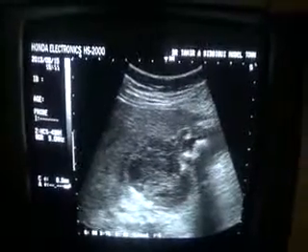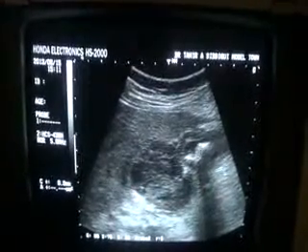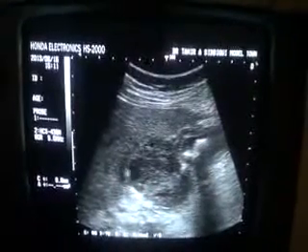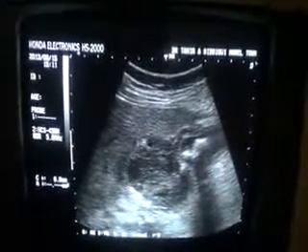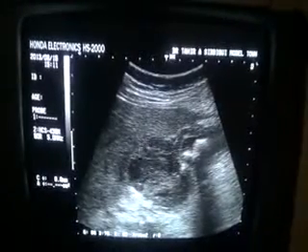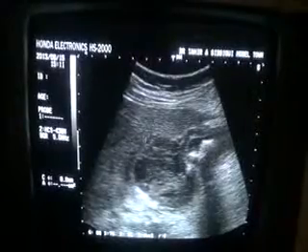So acute cholecystitis, cholelithiasis with abscess formation in the pericholecystic space, and it is not relating to the liver.